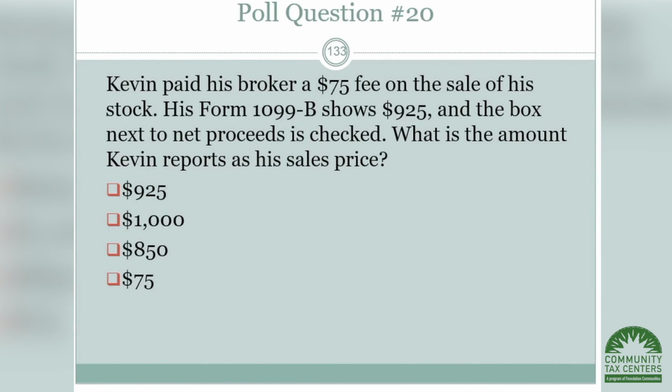So Kevin paid his broker a fee of $75 on the sale of his stock. His Form 1099-B shows $925, but the box next to the proceeds is checked. What is the amount Kevin reports as his sale price?